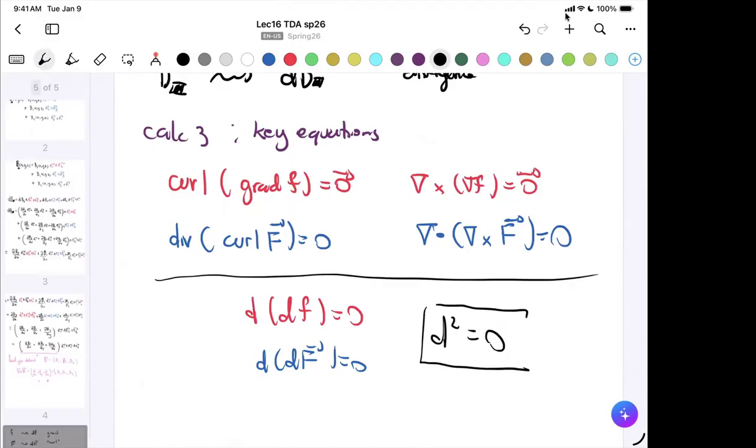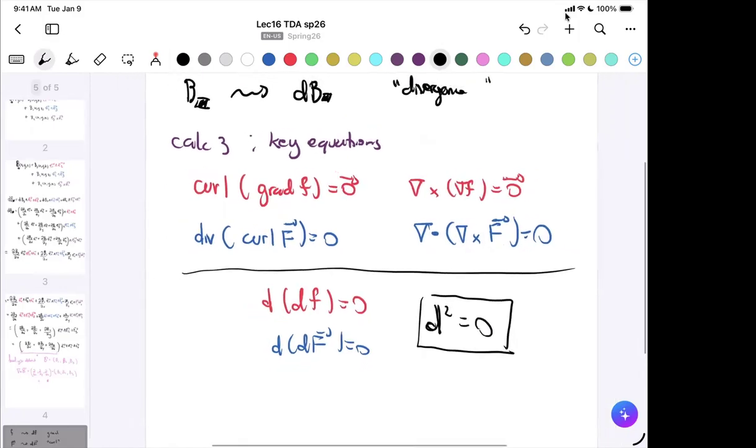That means that if you apply this operation twice, whatever you get always vanishes. That will be useful because in a moment we start talking about how to define this on a simplicial complex. When you give the definition of the curl, the divergence, and the gradient on the simplicial complex, it should still have this property. So we want discrete versions of these things which still satisfy these key equations.